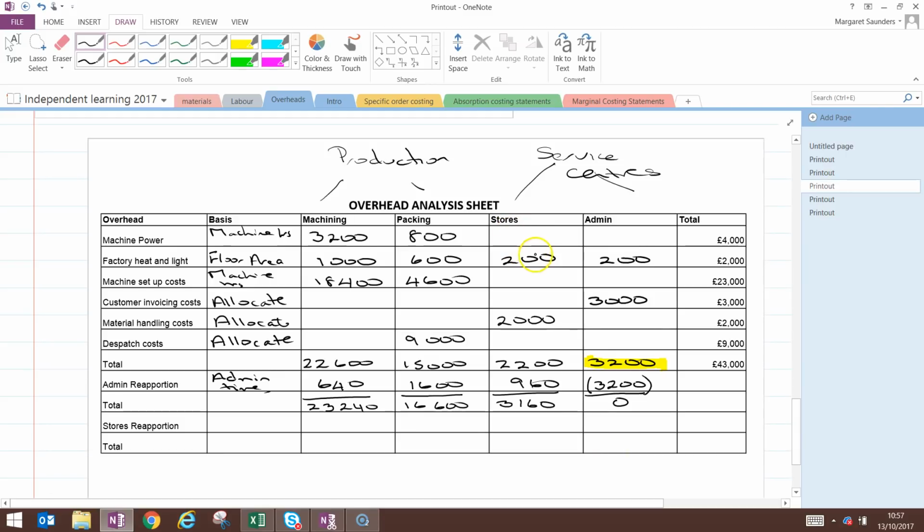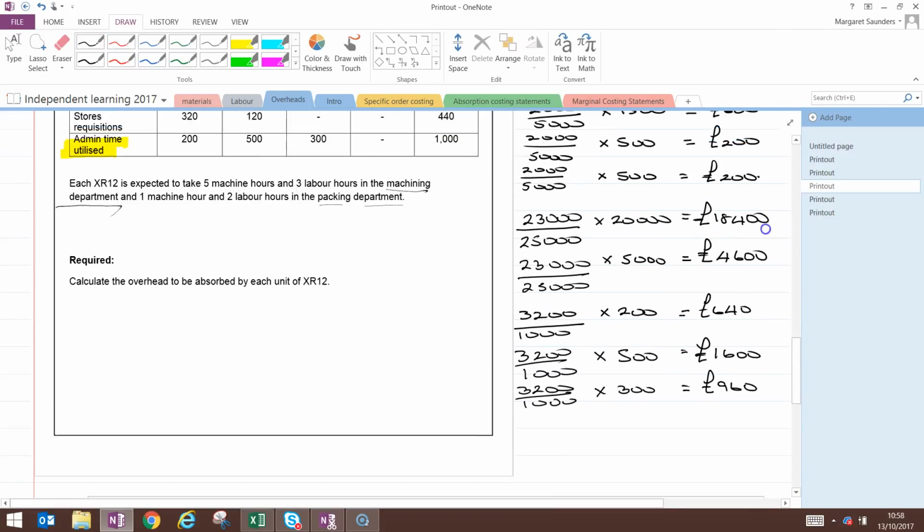Now we need to do the same with stores, because stores is also a service centre. So 3,160 is going to be taken off the stores, making that 0. And we need to look at where we're going to apportion it to. So we need some information about stores. Back up to the example.